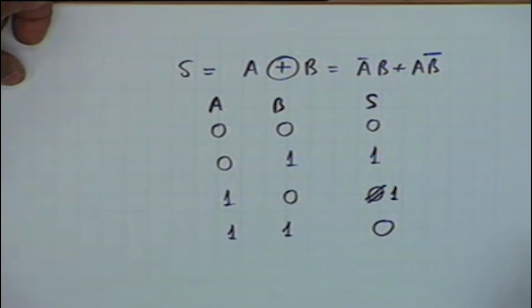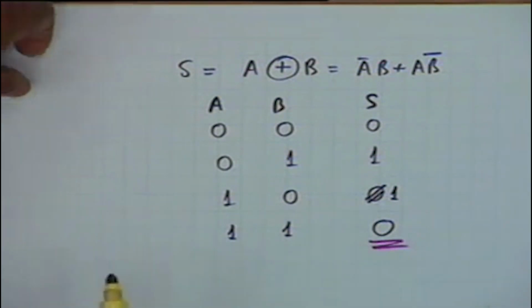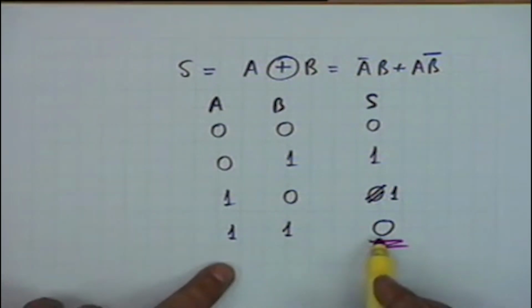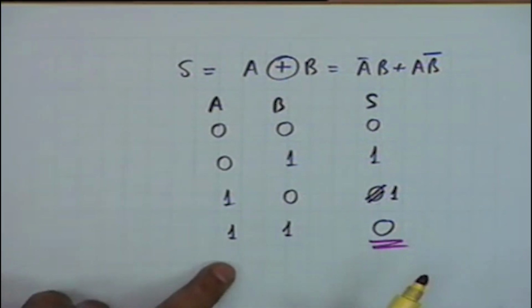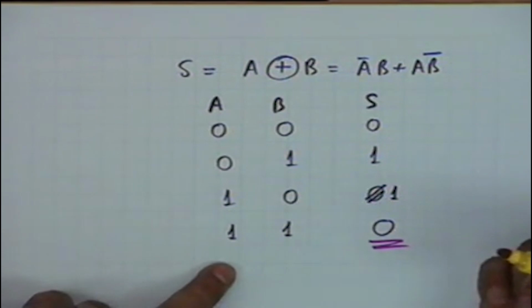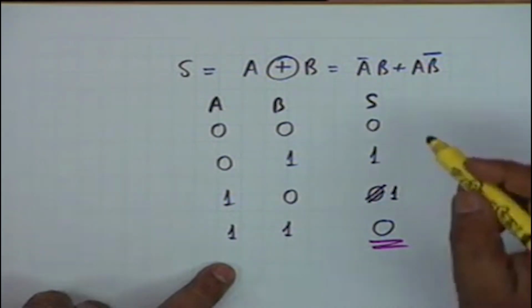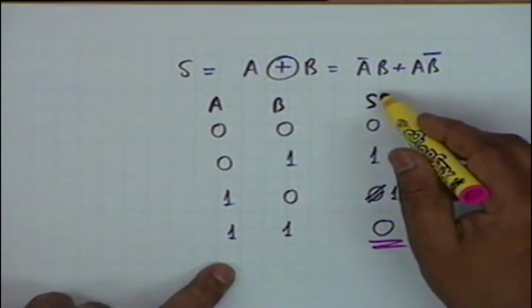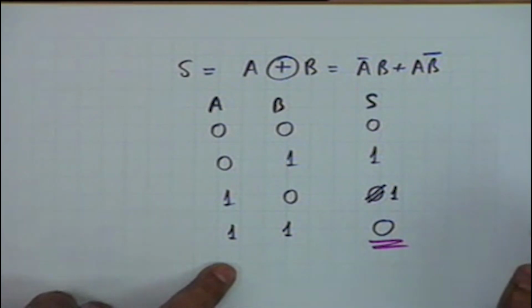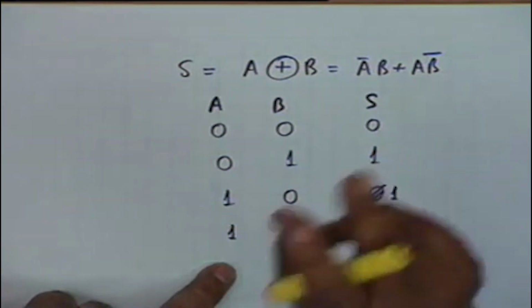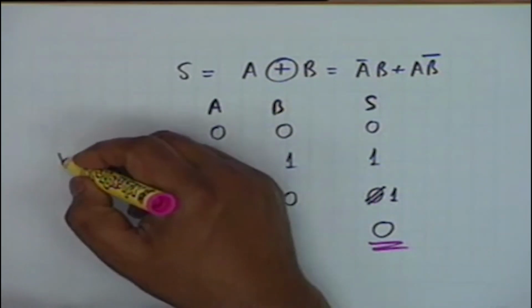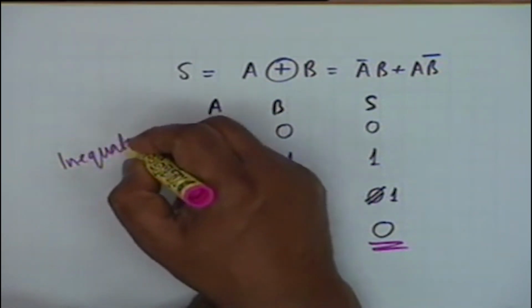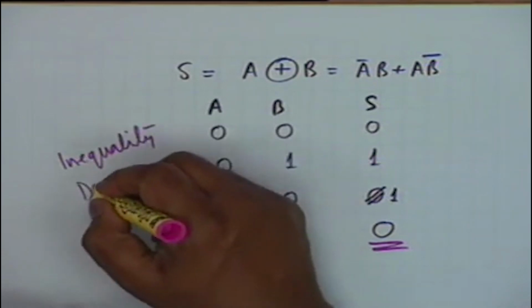This is the only row in which the output differs from the OR gate, isn't it? This is why it's called an exclusive OR. You can also see, follow this carefully, that the output of this exclusive OR gate is 1 only when the two inputs are dissimilar, and therefore an exclusive OR is also called an inequality detector.